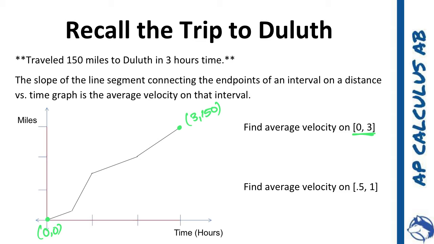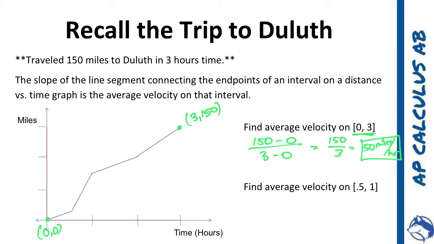So to find the average velocity, we take that 150 miles, subtract our starting point of 0 miles, and then subtract the times there, and this gives us 150 over 3, which is 50 miles per hour. So that ended up being our average velocity, and that makes sense. Over the course of 3 hours, we needed to travel about 50 miles each hour to make that total of 150 miles to get to Duluth.